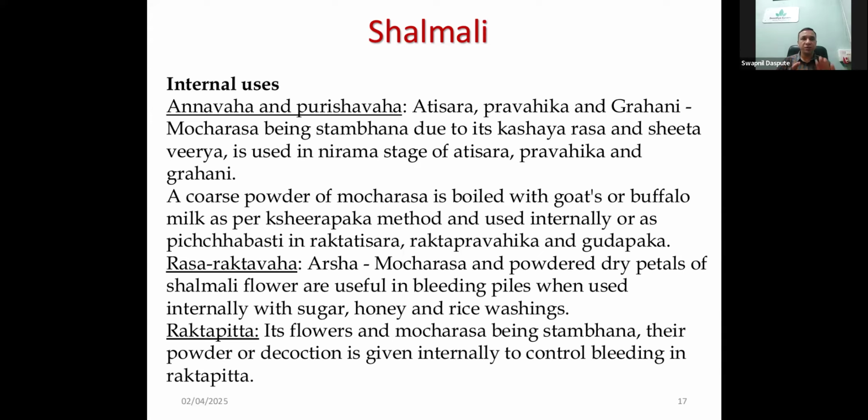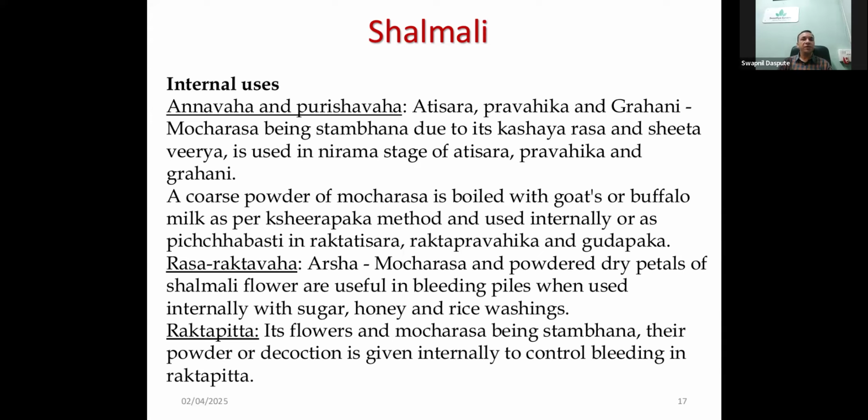Pichabasti also can be used, and Mocharasa with the dried flower petals of Shalmali can be given internally with sugar, honey, and rice washings together, or just sugar candy, or with just honey or rice washings. Washings, I'm sure you are aware that the first wash is thrown away and the second and third can be used.